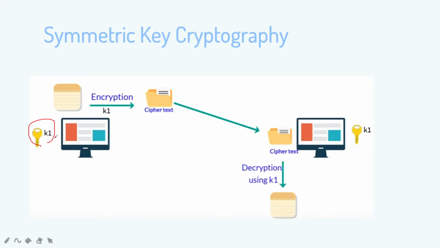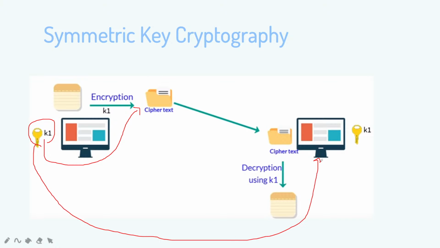Whenever I am encrypting data, I apply this key K1 and convert my data into ciphertext. This key will also be available with the destination user. After receiving the message from the source side, the destination uses that key K1 and decrypts the data. This is what we do in symmetric key cryptography.